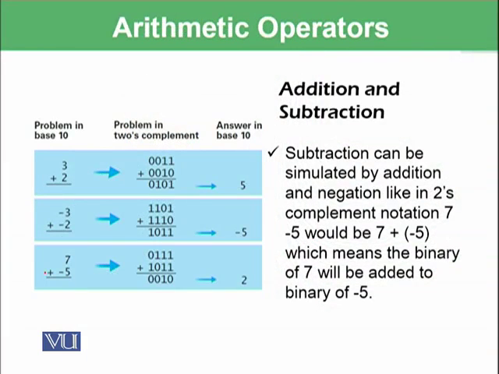So you have already learned that subtraction can be achieved or simulated by addition and negation, like in 2's complement. For example, if we save numbers in 2's complement notation, like we have stored -3 using 1101, which was actually 13 in binary, and -2 using this, then if we add these negative numbers, the answer would be perfectly right.